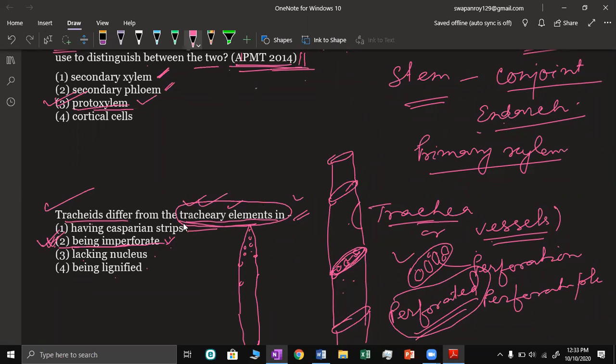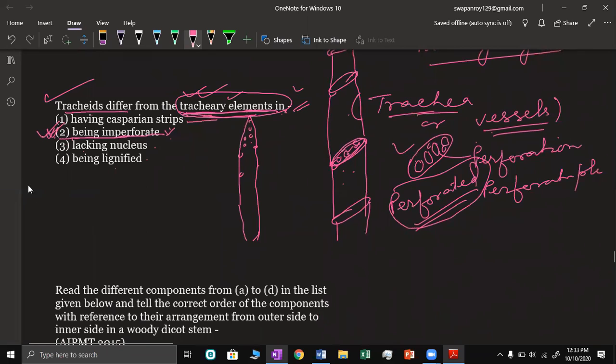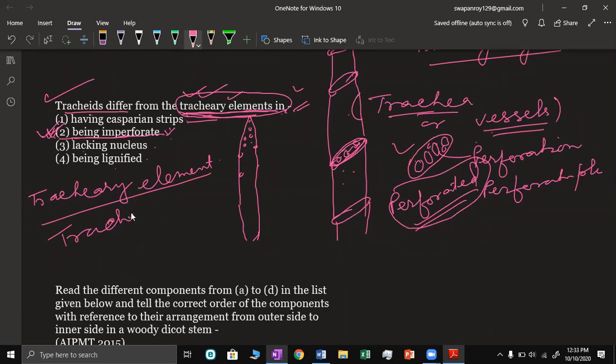And why I told you that in this question, tracheary element should not have been written: because tracheids and vessels together are called the tracheary element.